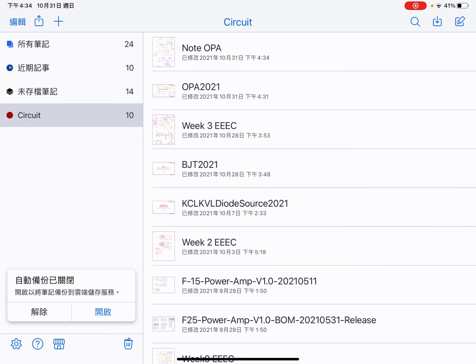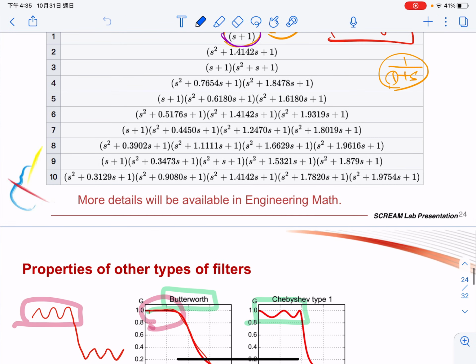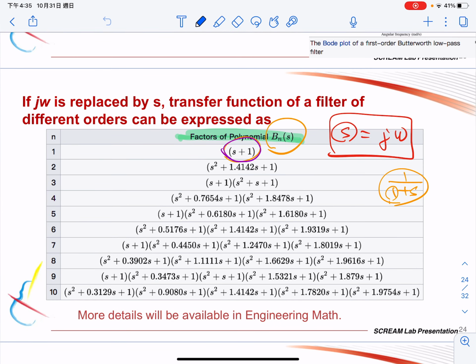So this goes back to here. This is what we want, the first order polynomial.